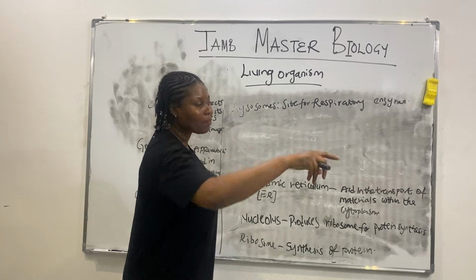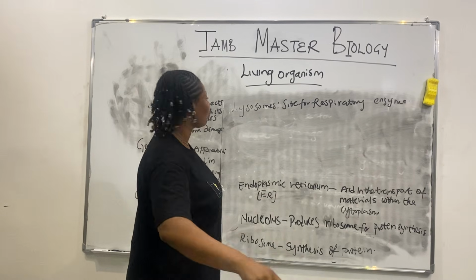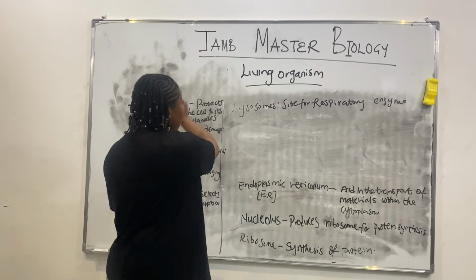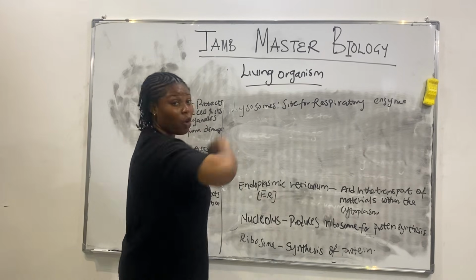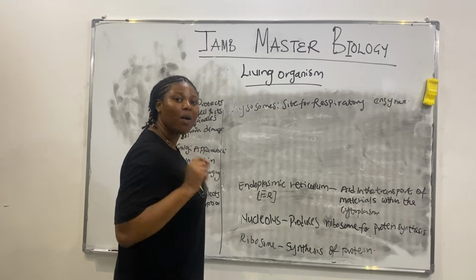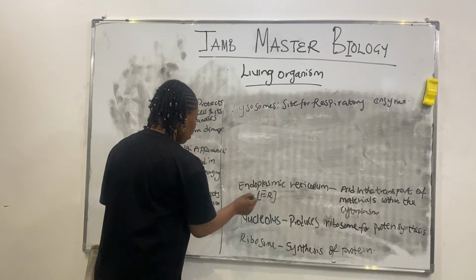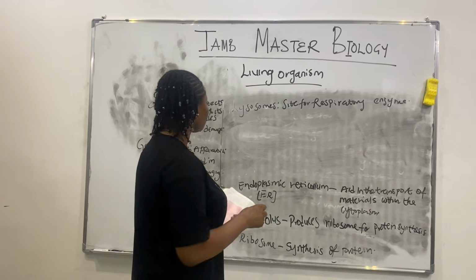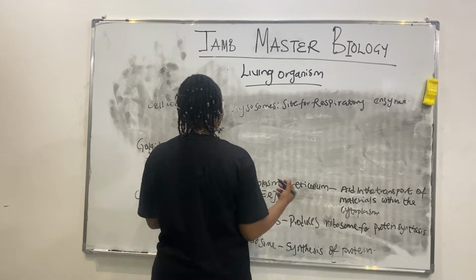So the enzyme that enables the mitochondria comes from the what? The lysosome. Every organelle contained in the cell has a specific responsibility, and the cell cannot function if these organelles are missing. So that is what the lysosome does.